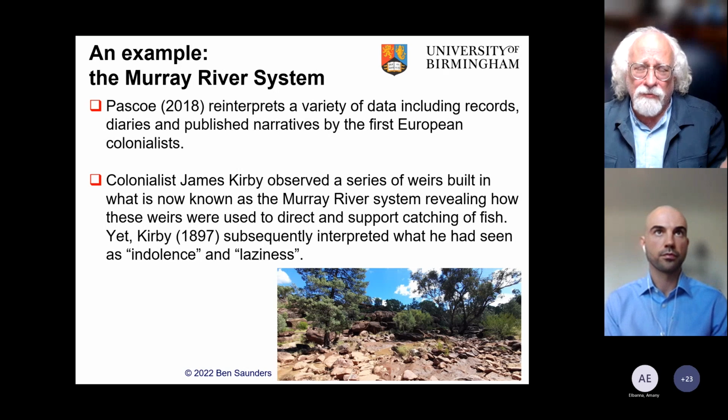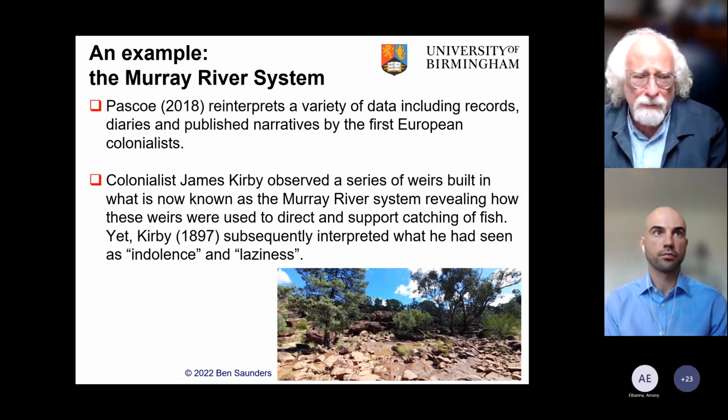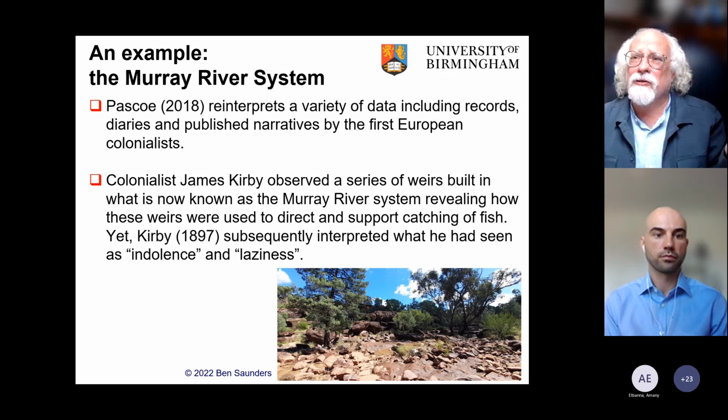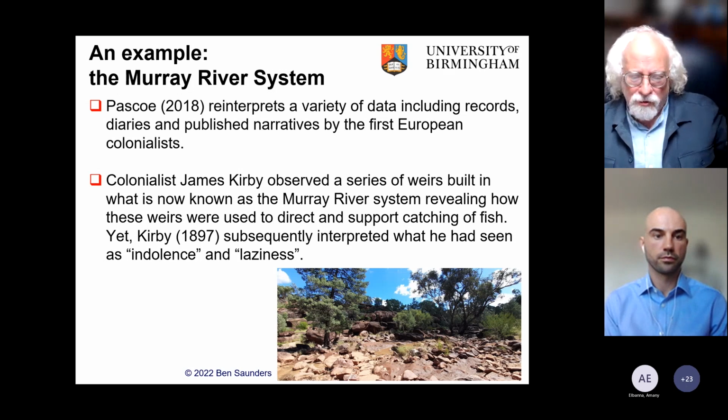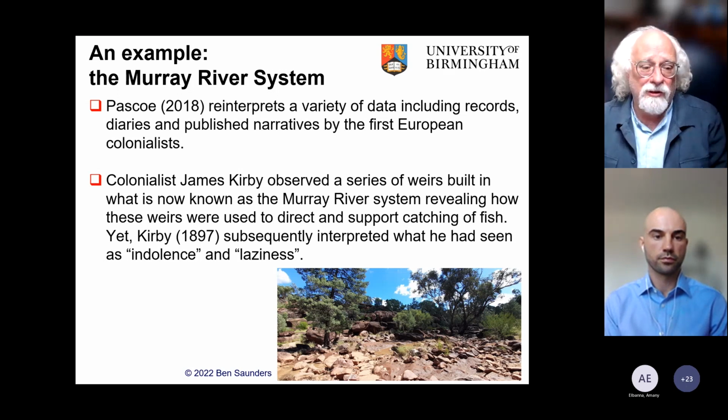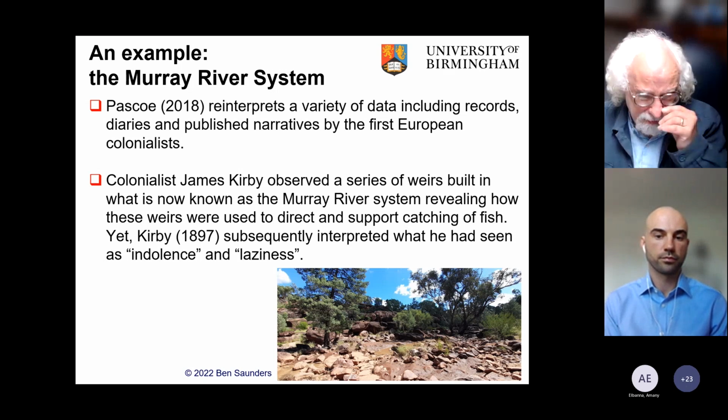And we could argue quite happily today that is very sophisticated, and what they're actually doing is using their knowledge to create a place where they can harvest fish easily. And yet Kirby interprets this as being indolence and laziness. So we could interpret exactly the same data differently.